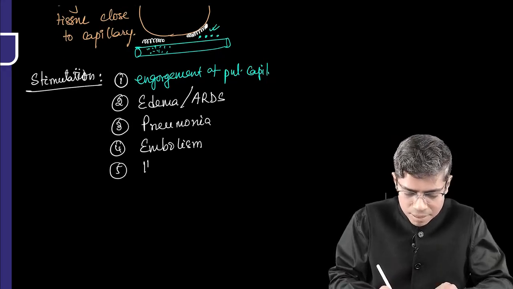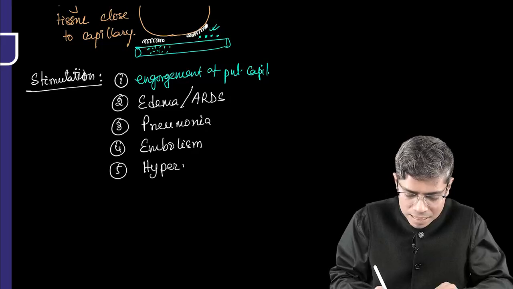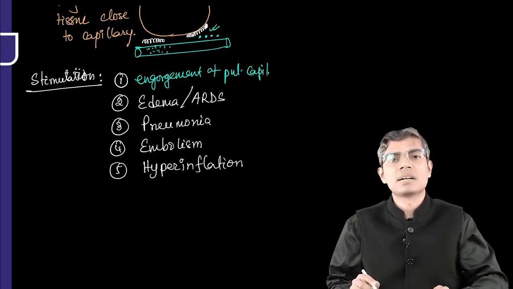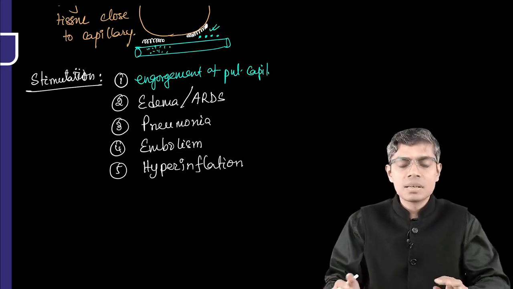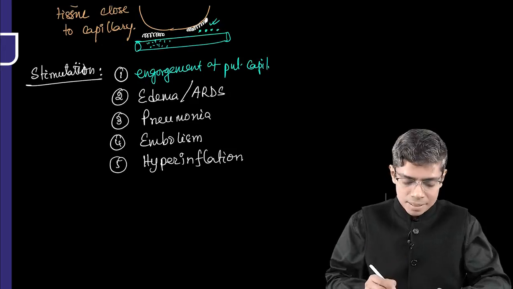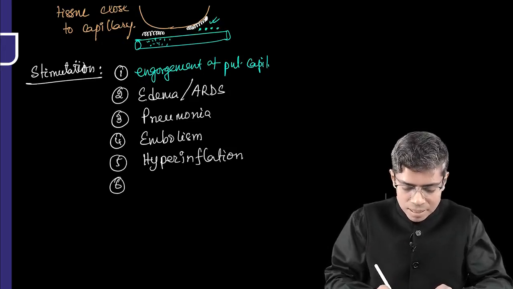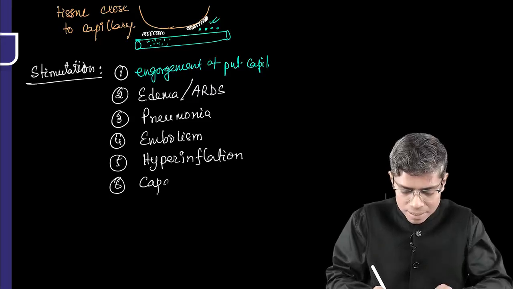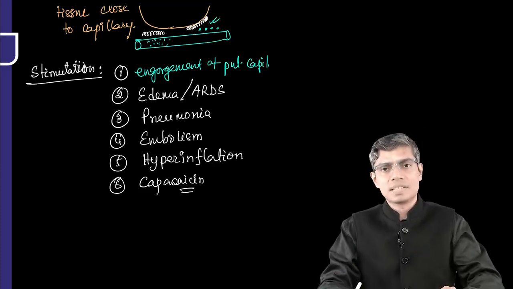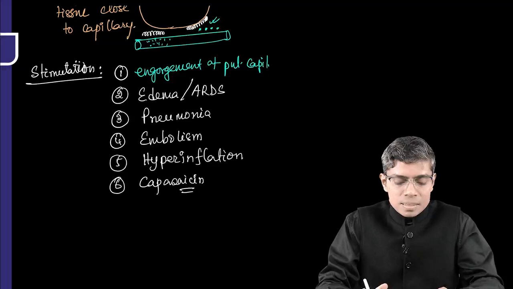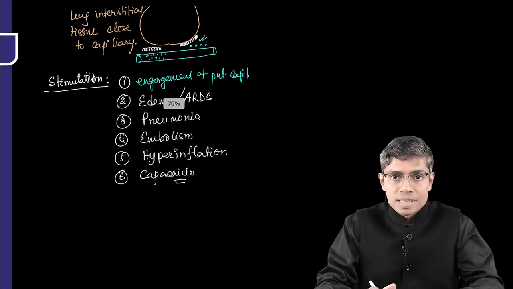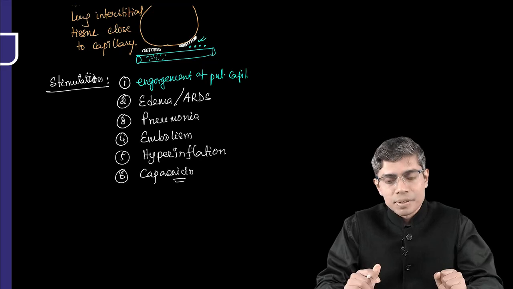Or if there is hyperinflation of the lung, very huge expansion of the lung, then also this receptor can be activated. And number 6 is certain kinds of chemicals like capsaicin, which can also activate this receptor. These receptors are similar to the coronary chemoreceptor reflex. The behavior is similar to that, okay?